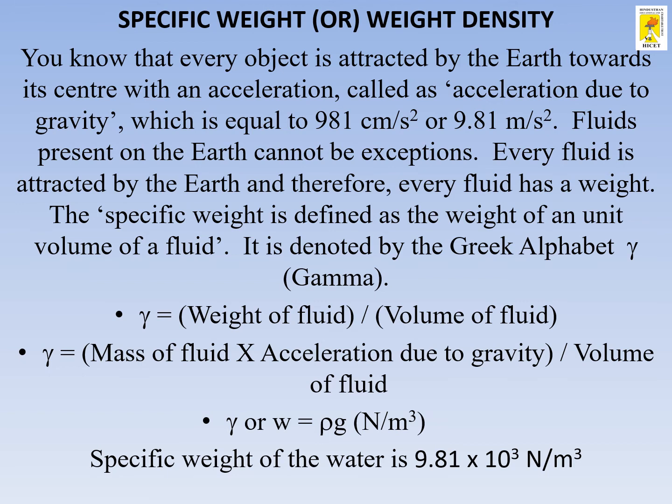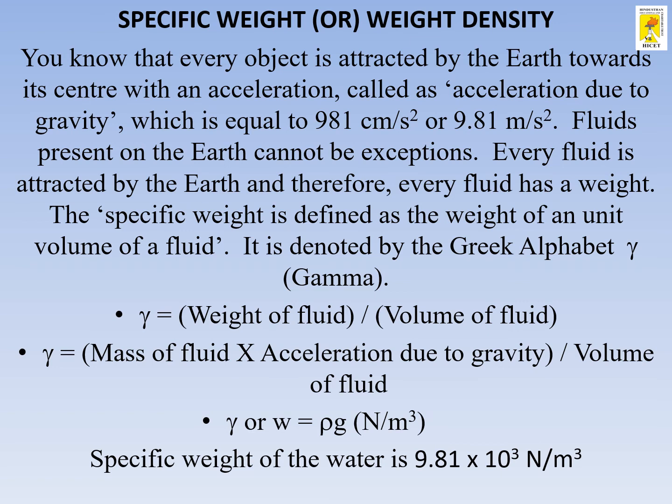Simply the difference I can say: density means mass by volume of the fluid, weight density means weight by volume of the fluid. Here the weight density is denoted by the Greek alphabet gamma. So the specific weight formula is gamma equal to weight of the fluid divided by volume of the fluid.